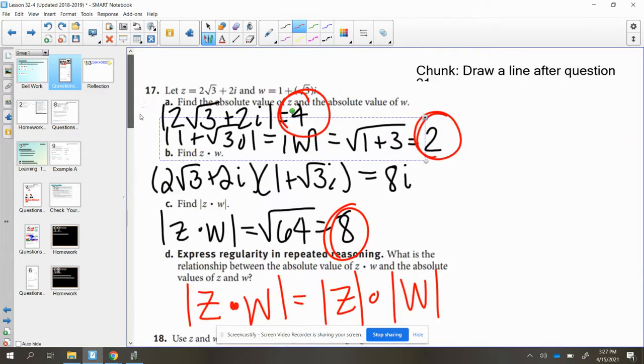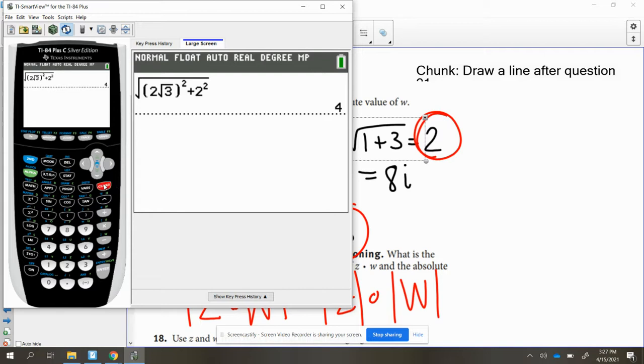Now for the arguments of these values, well, these are both quadrant 1 values, which is good information for us. So the first one, we're going to have tan inverse of 2 divided by 2 square root 3.